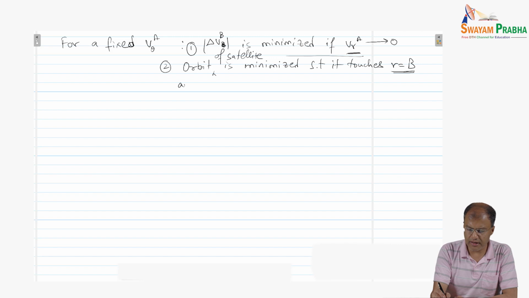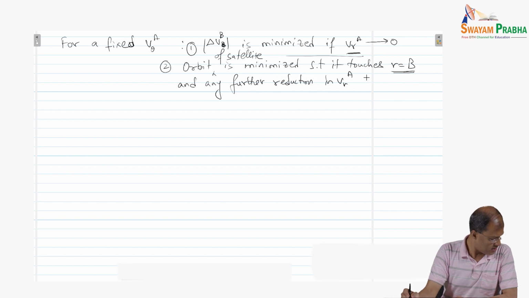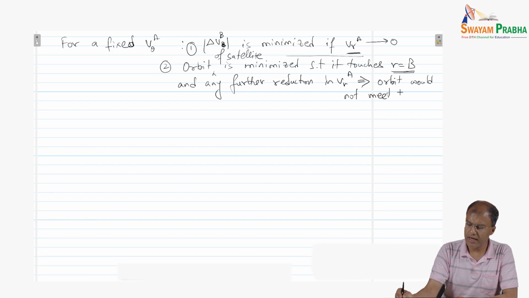And any further reduction in VRA implies that the orbit would not meet at r equal to b, right?